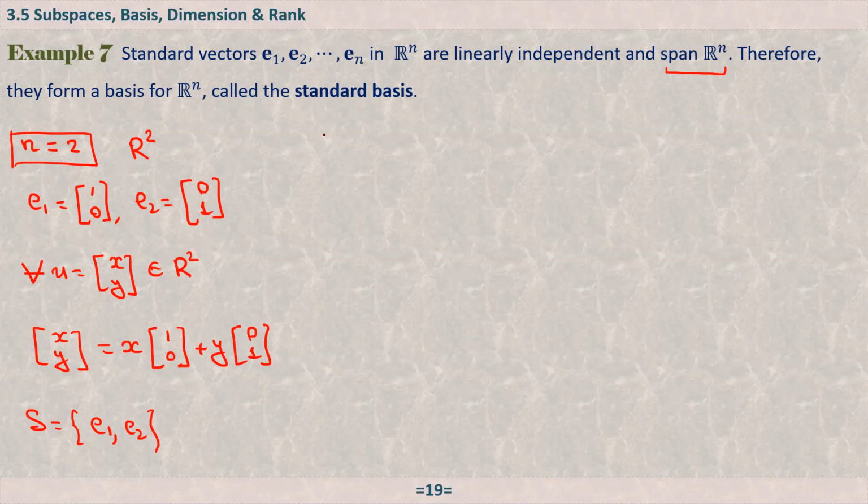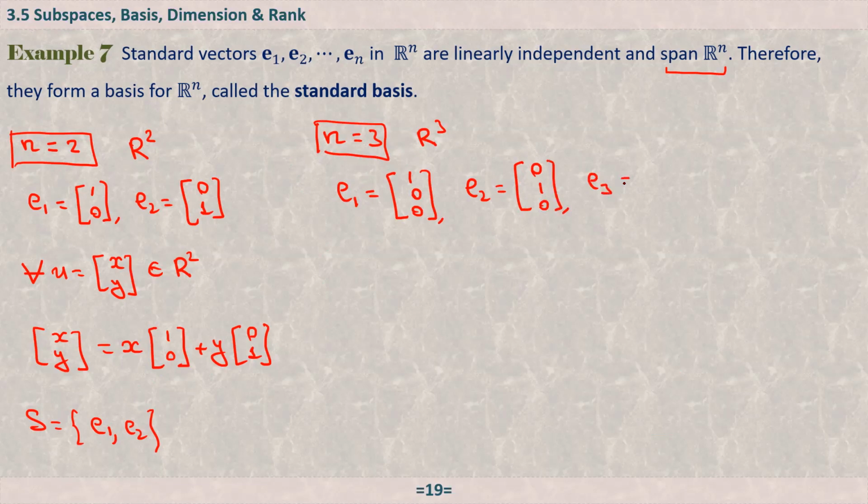And how about our second case, let's say n equals 3. Then in R3, our standard unit vectors are e1, whose components are (1, 0, 0), e2, which is (0, 1, 0), and e3, which is (0, 0, 1).